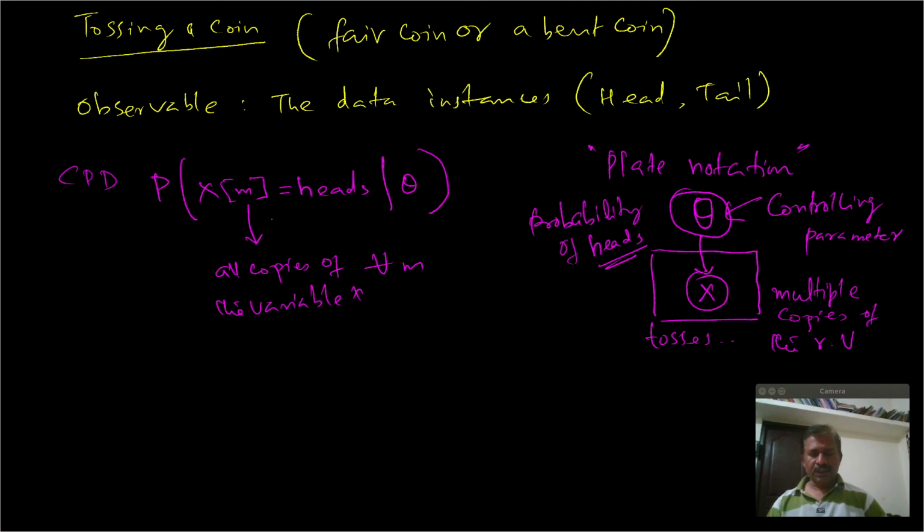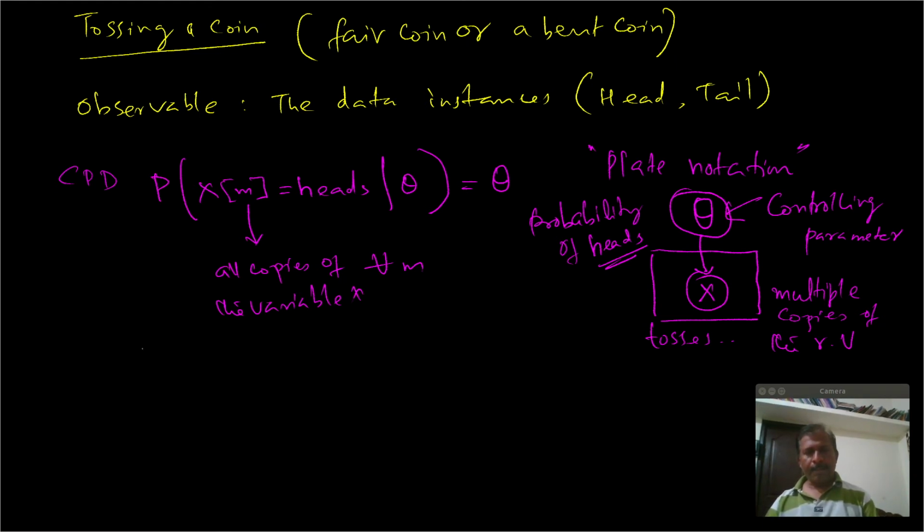So this is our functional form, basically the probability of x taking heads given theta. We define this as theta. Since we have defined theta to represent the probability of heads, how many times it is going to take heads given theta is again theta, right?